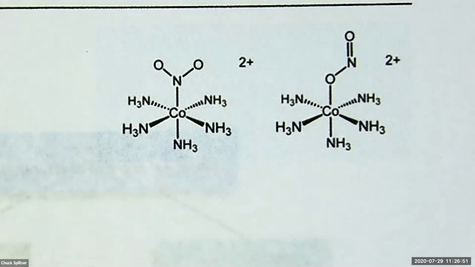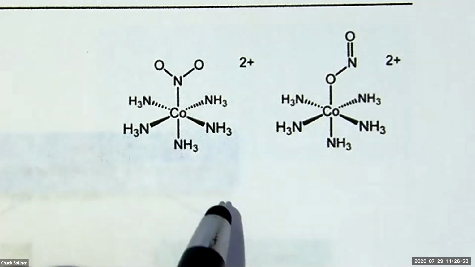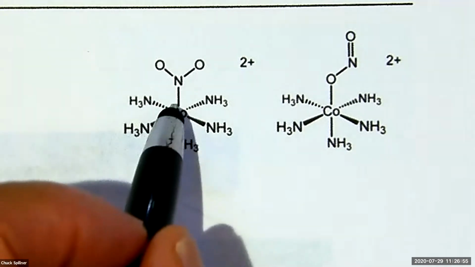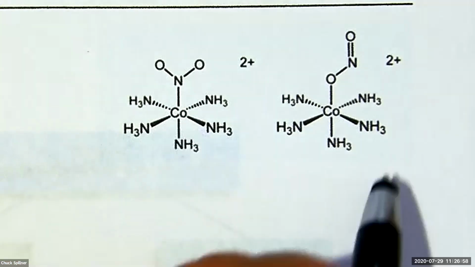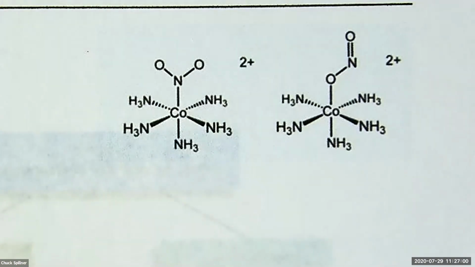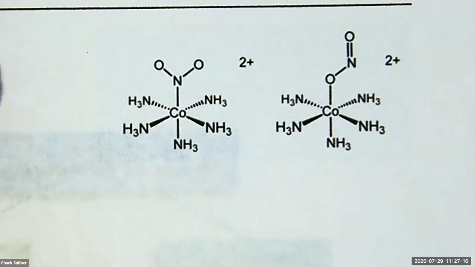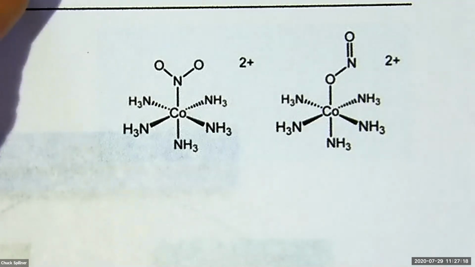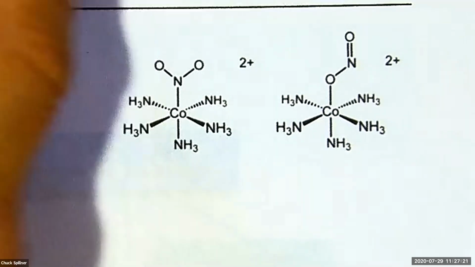The ammonia ligands are all the same. The nitrite ligand in one ion is connected to the nitrogen, and the nitrite ligand in the other ion is connected to the oxygen. So these isomers are called linkage isomers. It's a structural type of isomer, and the kind of structural isomer is the linkage.